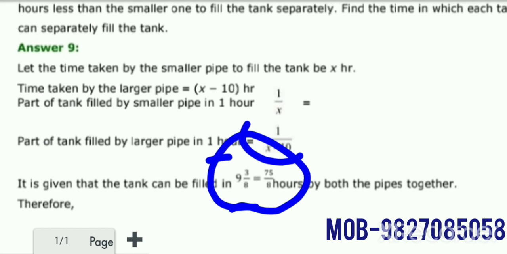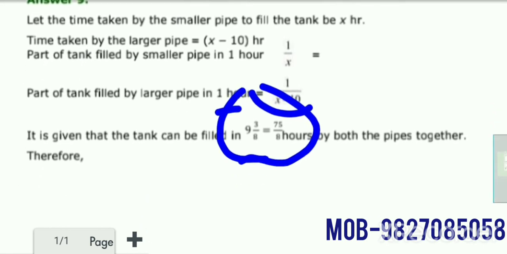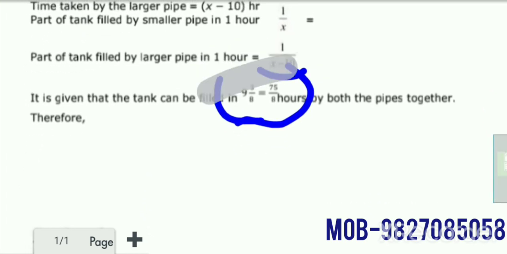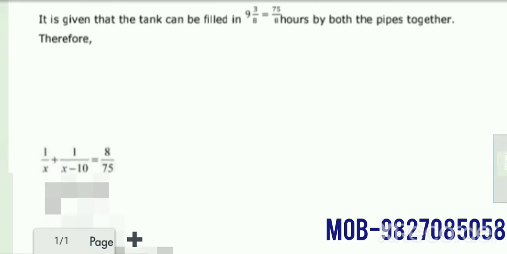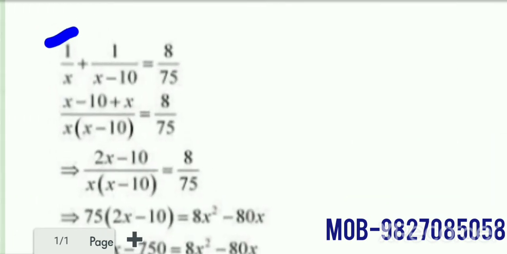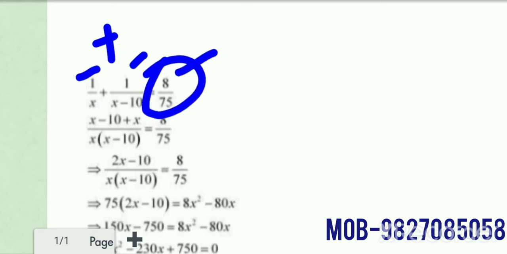Now, therefore, we can easily write the equation: first pipe plus second pipe, both are open, means plus, so this equals 8 upon 75, which is the reciprocal of the total time. Now solve for x by taking LCM and cross multiplication. We get a quadratic equation.